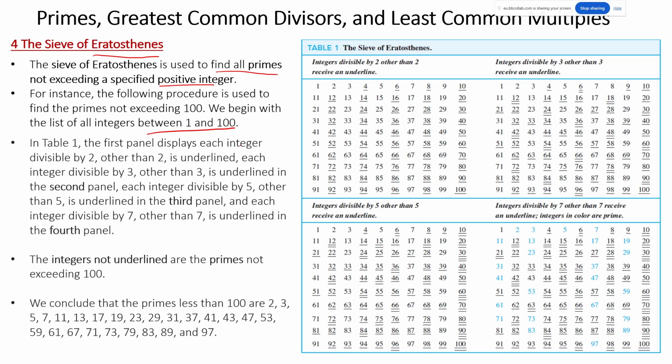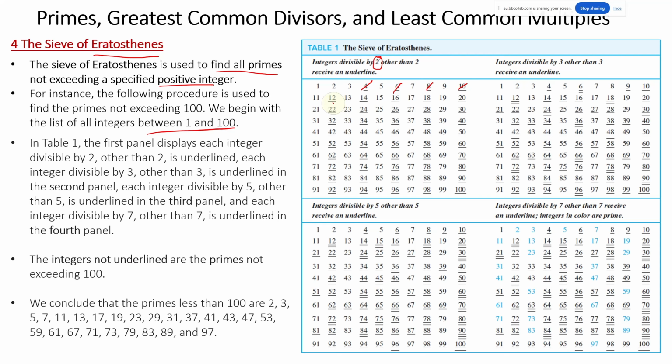is doing this. It lists all the numbers from 1 to 100. And then I start with the prime that I know. I'm going to go for this 2, and then underline or maybe strike through every single multiple of 2, which means 4 is going to be gone, 6 is going to be gone, 8 is going to be gone.